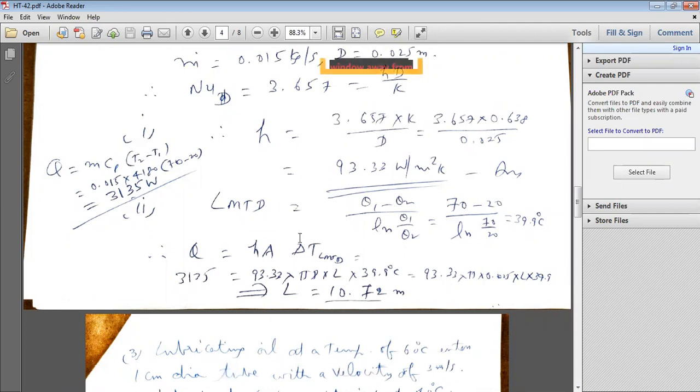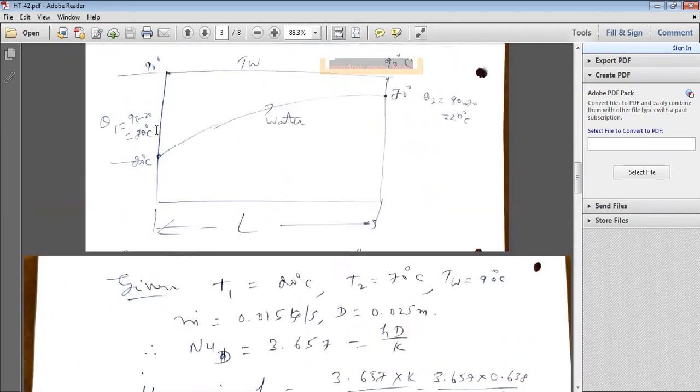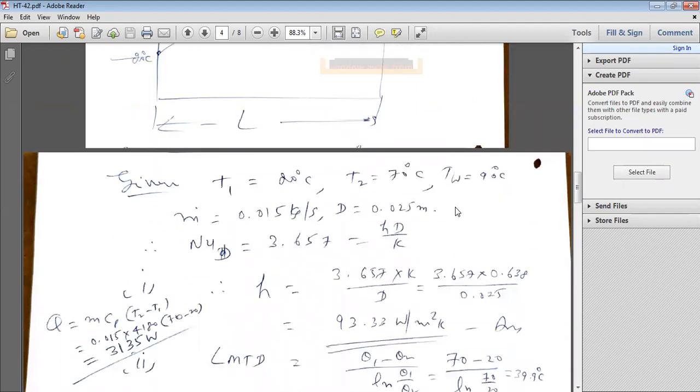Log mean temperature difference, delta T mean. But how do you calculate the log mean temperature difference? LMTD, very, very important. All of you listen carefully. LMTD is equal to theta 1 minus theta 2 divided by Ln, natural logarithm, theta 1 by theta 2. Here theta 1 is 70 degrees centigrade, theta 2 is 20 degrees centigrade.